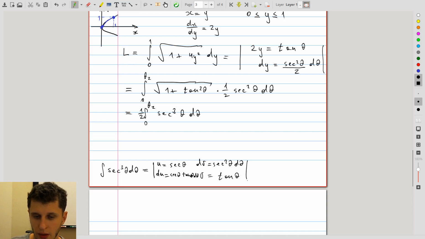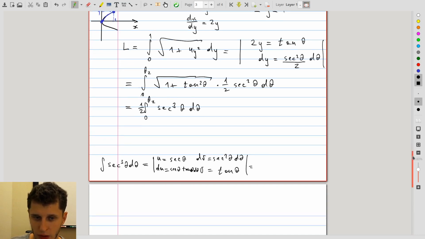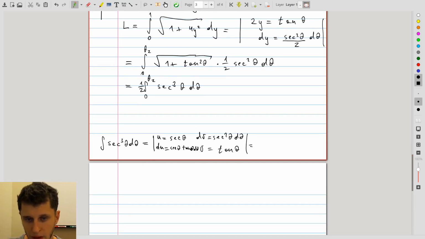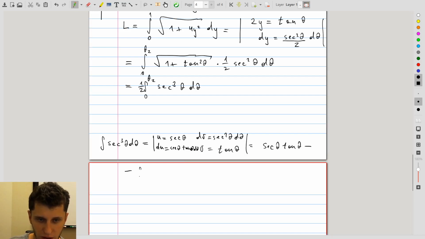All right. This gives me what? Gives me uv, so secant tangent minus integral of v du. So that's integral of secant theta tangent squared theta d theta.